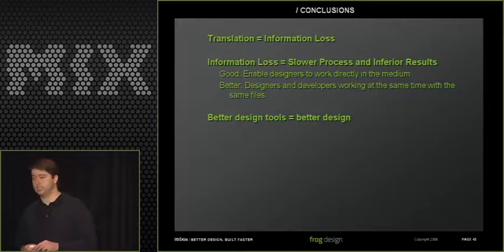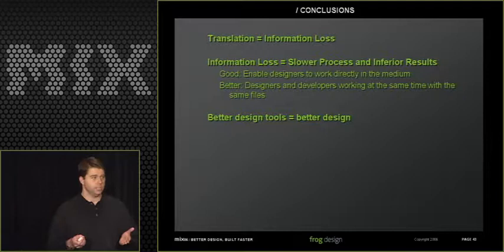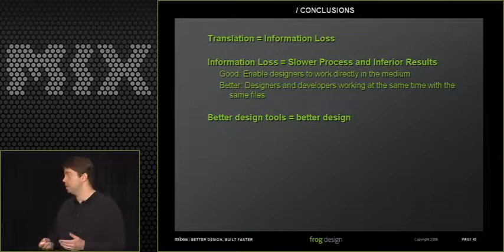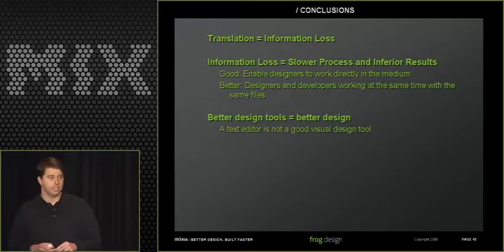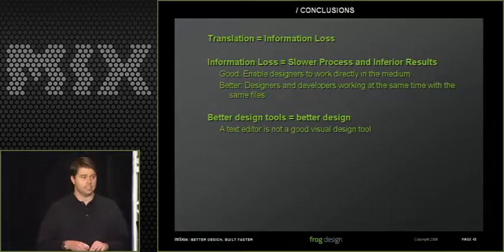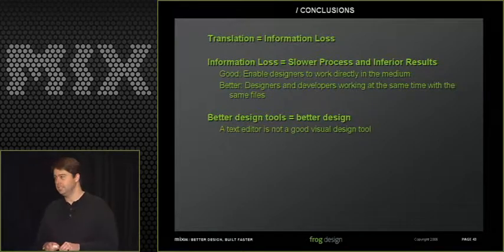Another idea is that better design tools equal better design. So the capabilities of what your tool can do really constrain what you can do and what you can achieve. So obviously having better tools helps that. So a key thing there is a text editor is not a good visual design tool. And it's interesting that we spend so much time doing design in text editors.